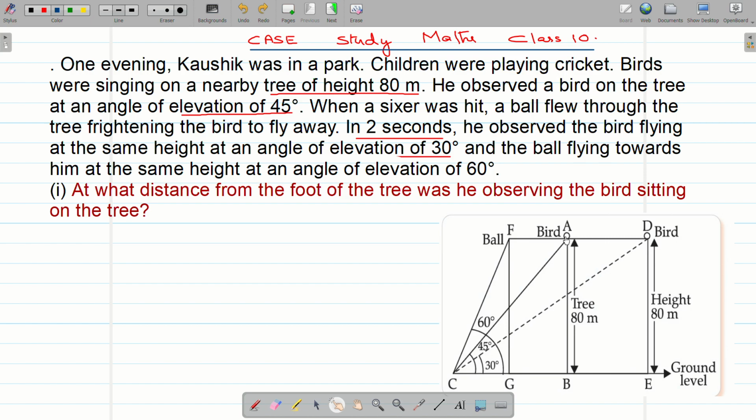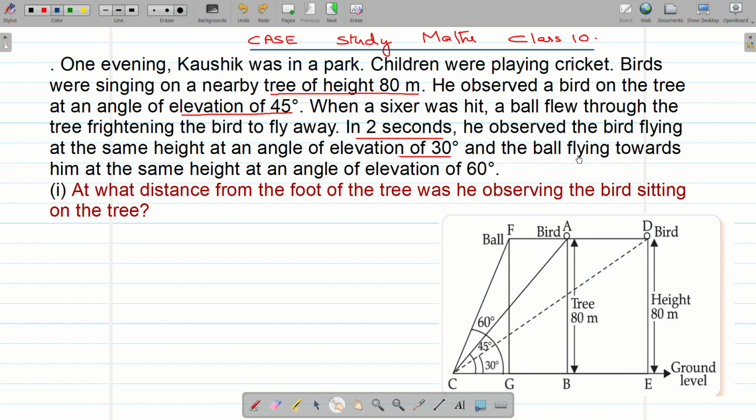The bird is flying from position A at the same height. It reaches the point D after 2 seconds, and there the angle of elevation is 30 degrees.